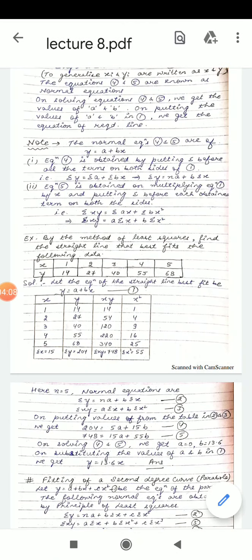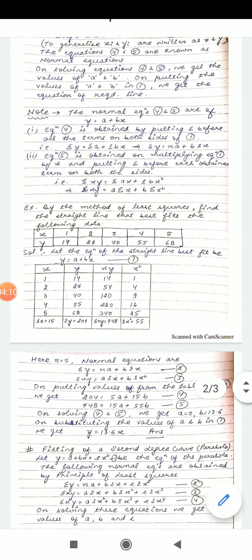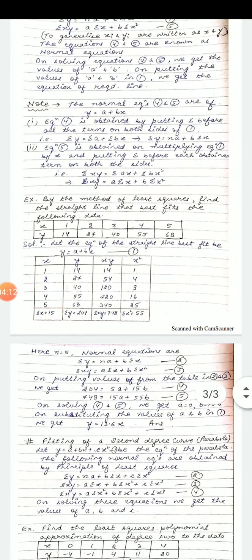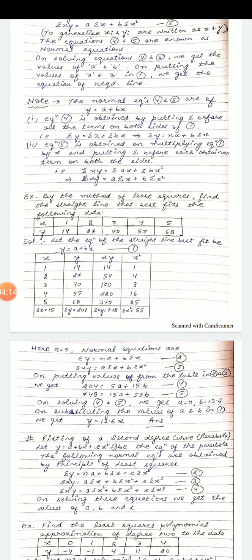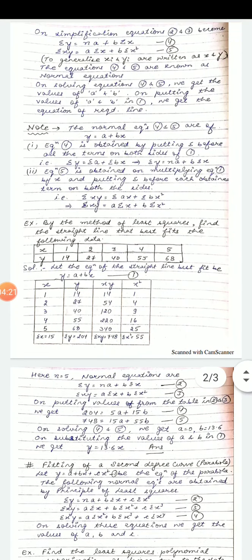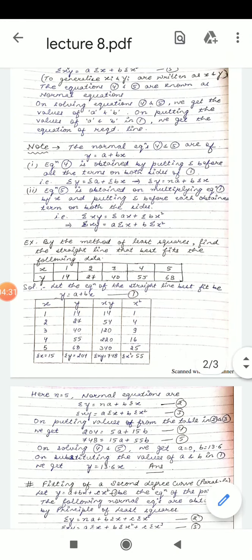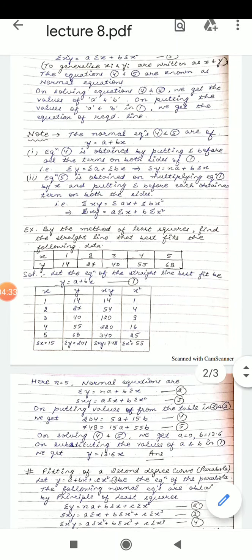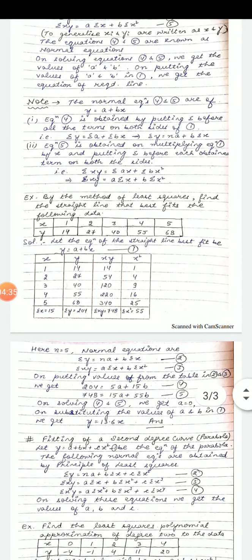So here is a note. Notice the normal equations 4 and 5 are of y is equal to a plus bx. The first point to remember is that equation 4 is obtained by putting summation before all the terms on both sides of equation 1, that is, summation y is equal to summation a plus summation bx, which implies summation y is equal to n times a.